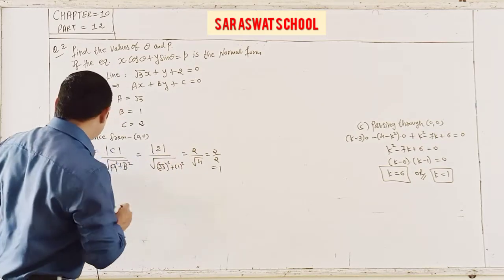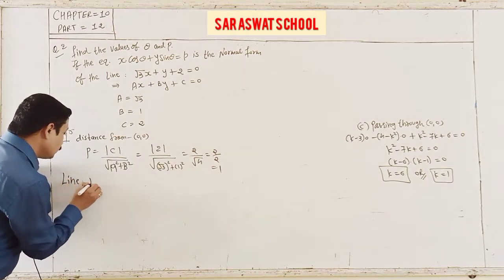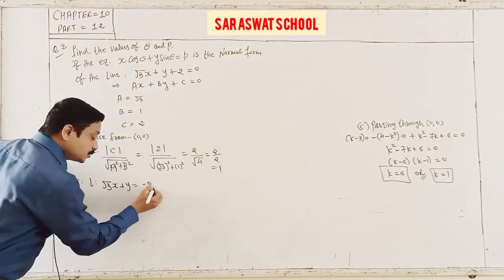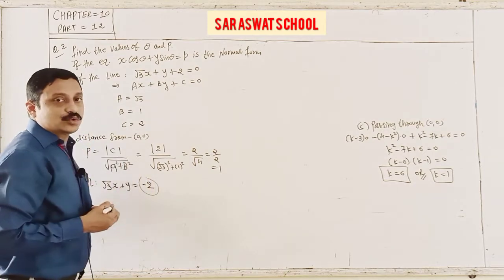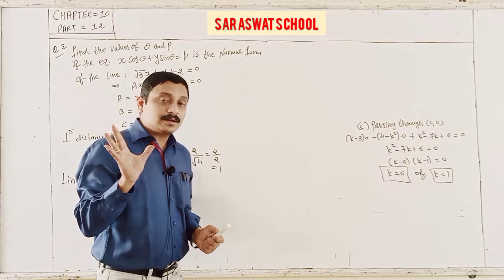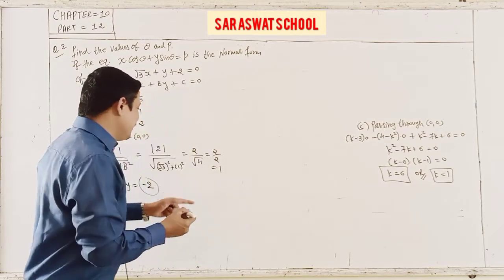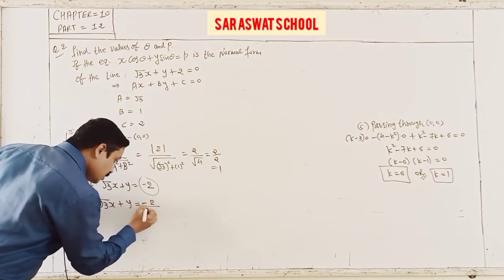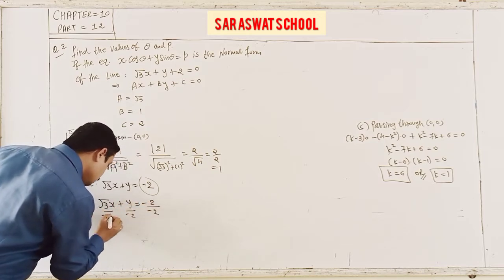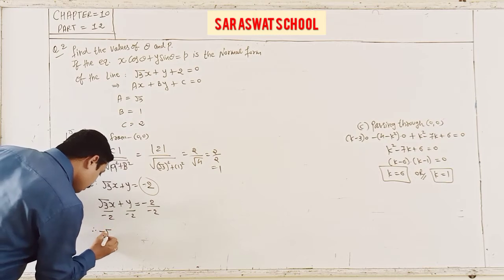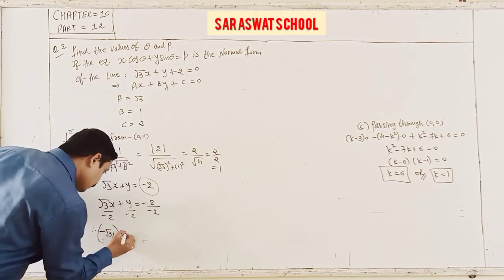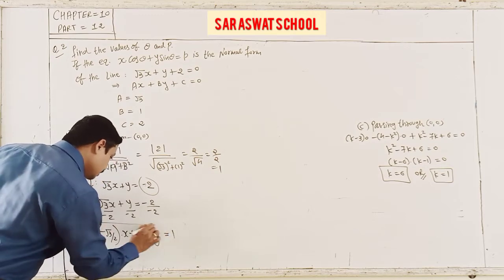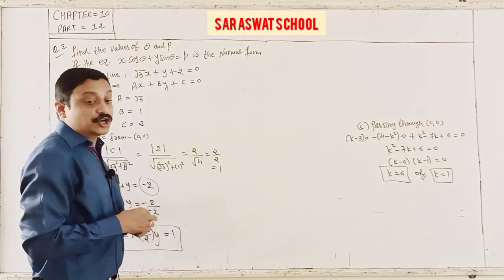So students, here my line is root 3x plus y equal to minus 2. Here I want the right side to be 1. So what do you derive? Yes, divide by minus 2. Each term divided by minus 2, so minus root 3 by 2 x plus minus half y is equal to 1, and that is your standard form.